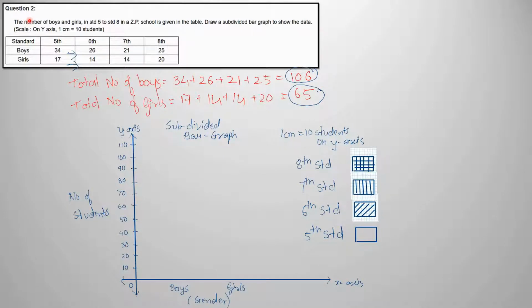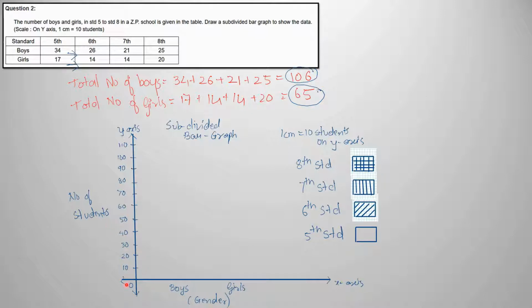Let us see now how to draw a subdivided bar graph. The number of boys and girls in standard 5th to standard 8th in a ZP school is given in the table. We have to draw a subdivided bar graph to show the data. Now, scale on y-axis is 1 centimeter equal to 10 units.